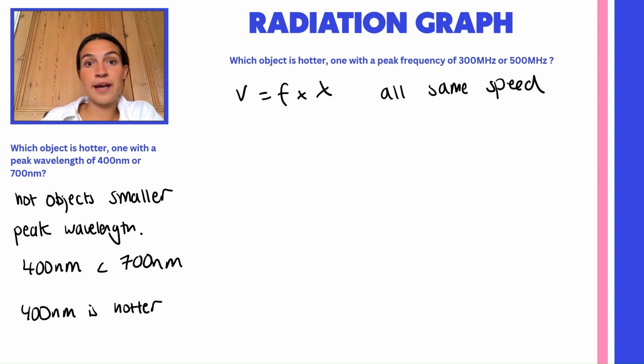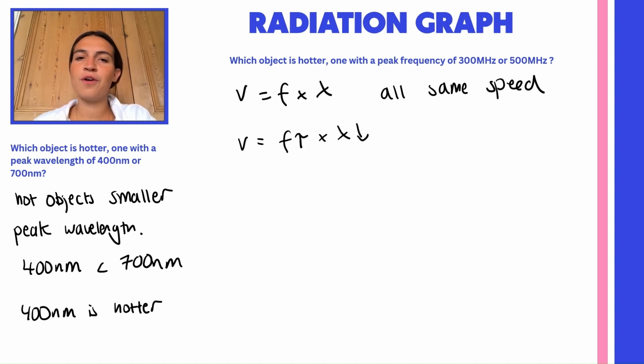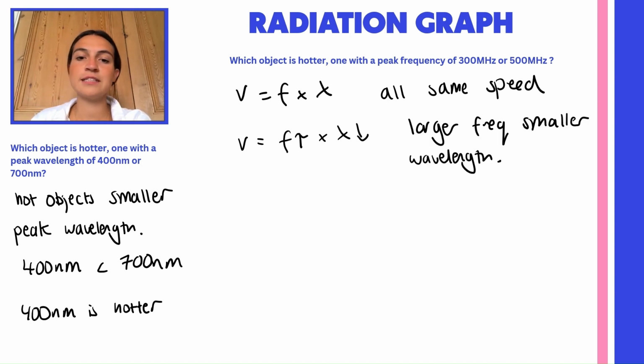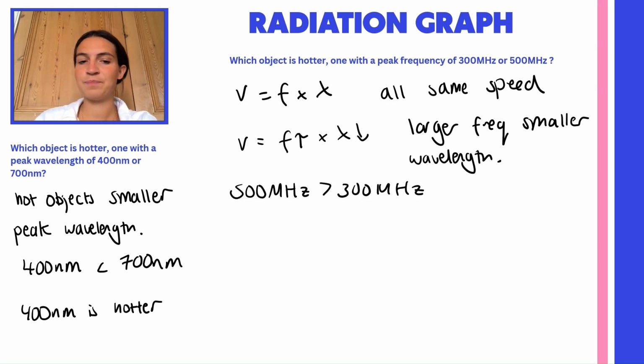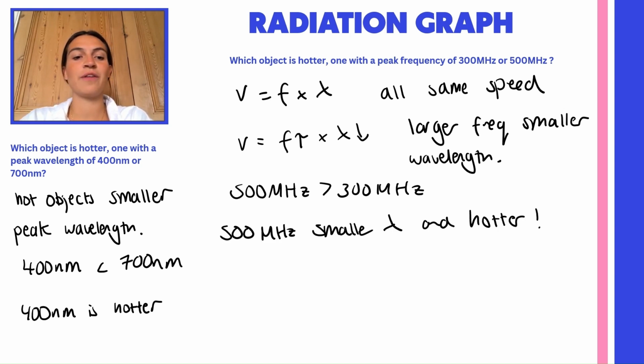And since we're talking about electromagnetic waves, these waves are all travelling at the same speed, or the same v. Therefore, if something has a higher frequency, it has a shorter wavelength, so that when I multiply those two numbers, I always get that same value, v. This means my larger frequency wave has the smaller wavelength. 500 megahertz is larger than 300 megahertz, so the 500 megahertz, my larger frequency, has the smaller wavelength and is therefore hotter.